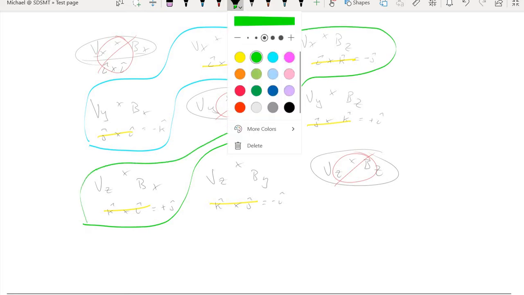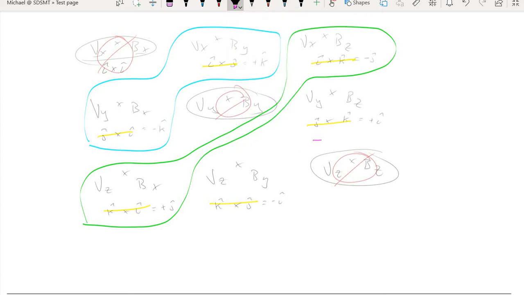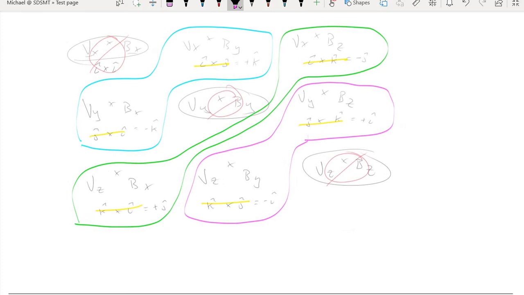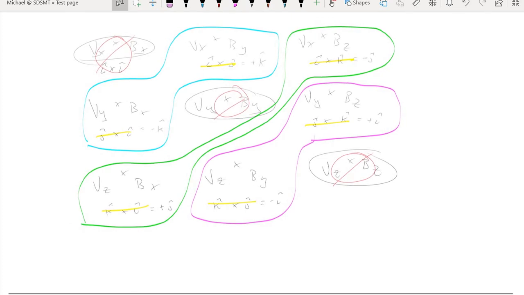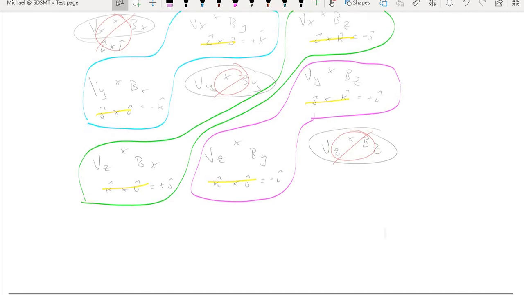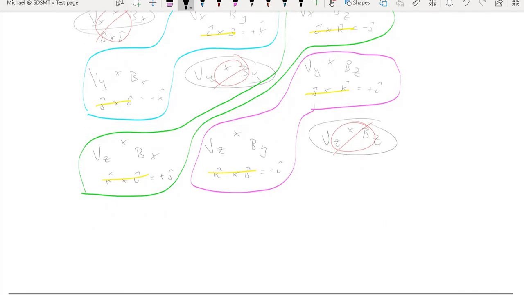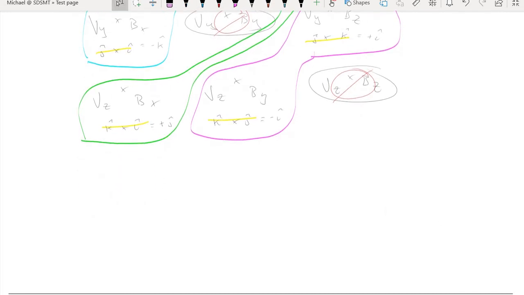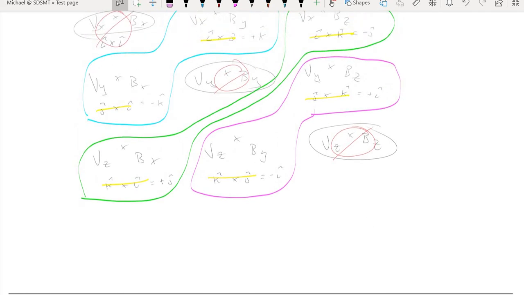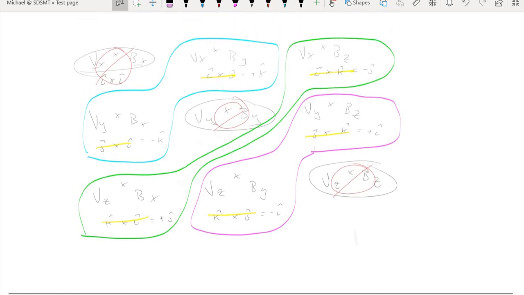And we get 2 i hats. We have a plus and a minus for each, but that means that we can combine everything into a single general expression that will tell us how our final cross product is going to evaluate.